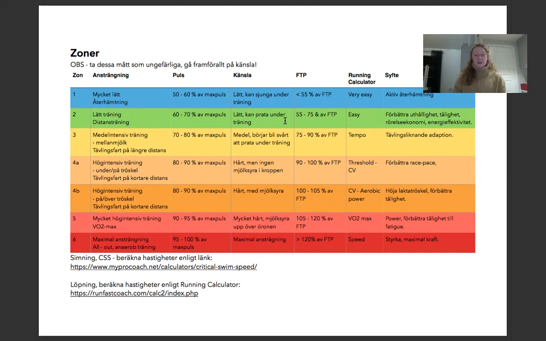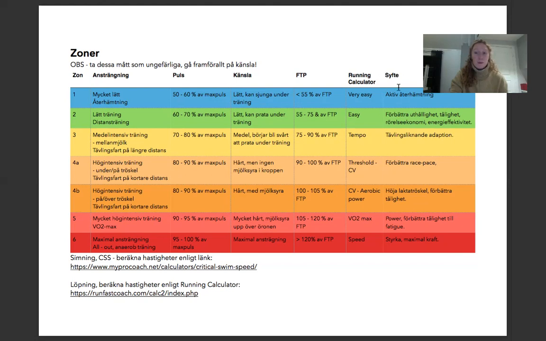So if you're having a day where you had too little sleep, nutrition was bad, you had a stressful day, something like this, or you're running in a hilly spot, then you can't go on the numbers, right? This will be wrong. But the feeling will adjust for these other things.